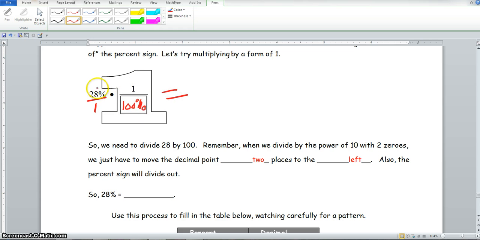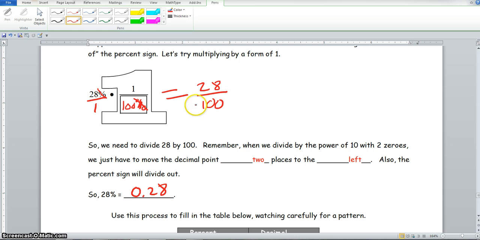So now we know these percent signs will simplify out, and we have 28 over 100. Now remember, when we divide by the power of 10 with 2 zeros, we just have to move the decimal point 2 places to the left. Also, the percent sign will divide out. So 28% will be 0.28.